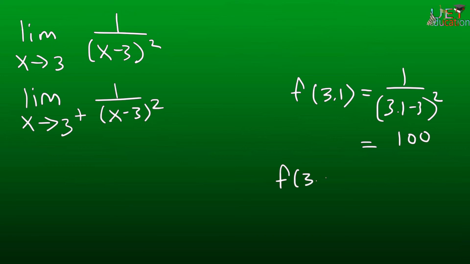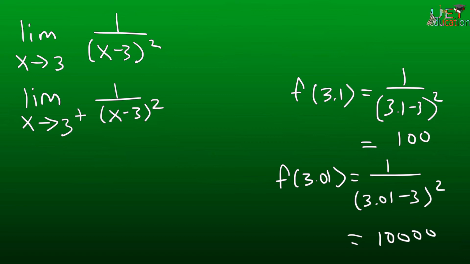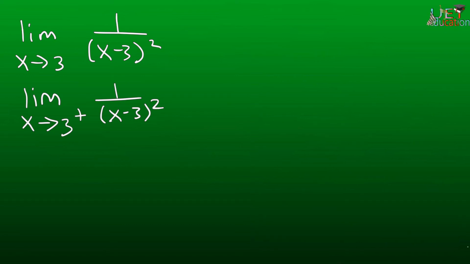Now f of 3.01, which is 1 over 3.01 minus 3 squared, that's going to give you 10,000. So therefore, as x approaches 3 from the right side, this is going to positive infinity.